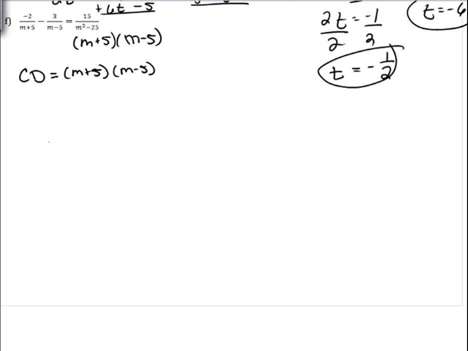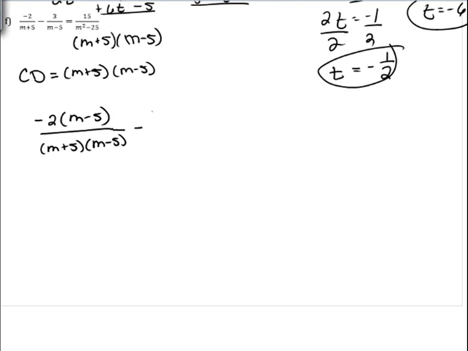Now we want to get the common denominator in all of our fractions. The part that's missing from our common denominator in the first fraction is m minus 5. So we'll have negative 2 times the quantity m minus 5. And that's going to be over our common denominator, m plus 5 times m minus 5.